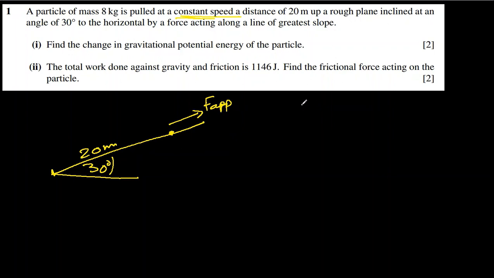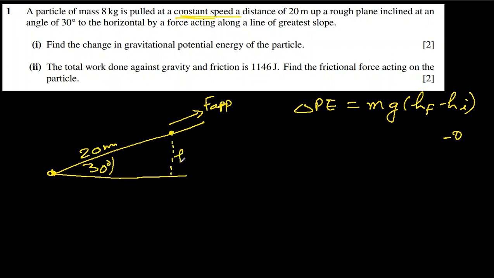The change in PE is equal to mg times final height minus initial height. Initial height, we are assuming that it is starting from the bottom of the plane, so 0. The height it has gained, let's call it HF.